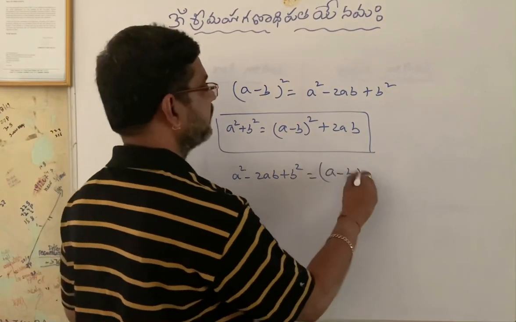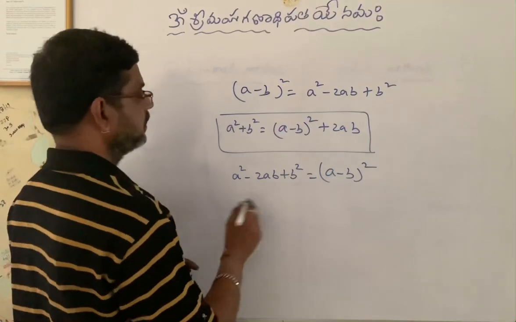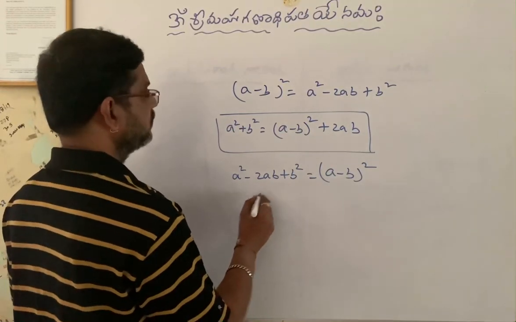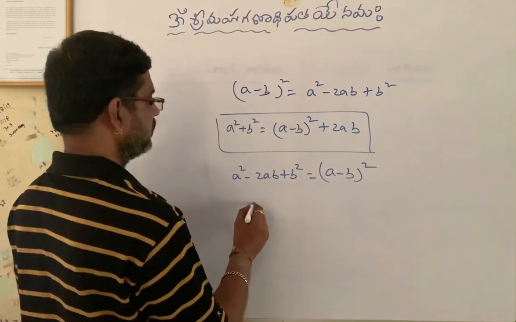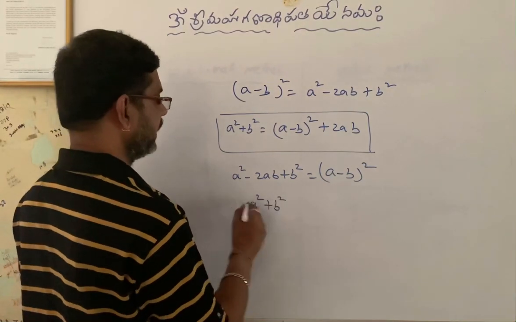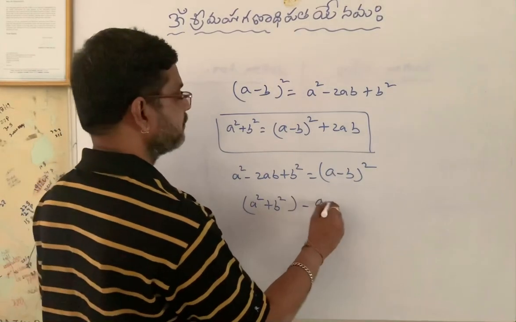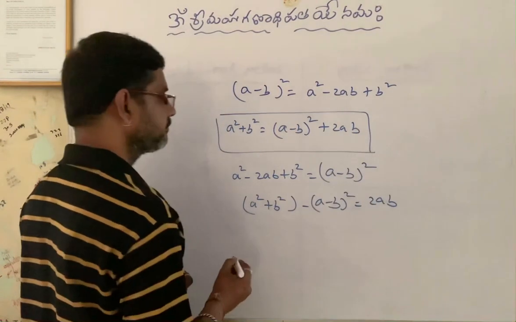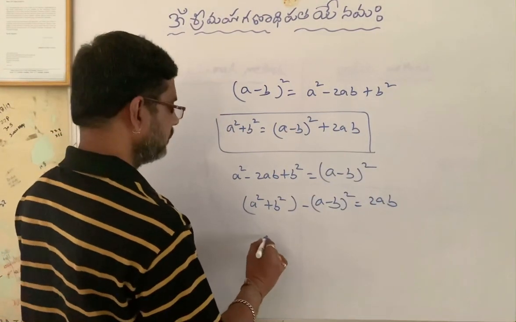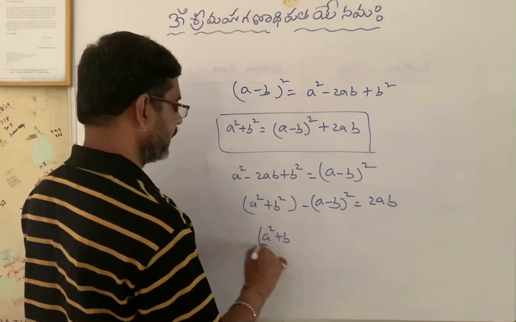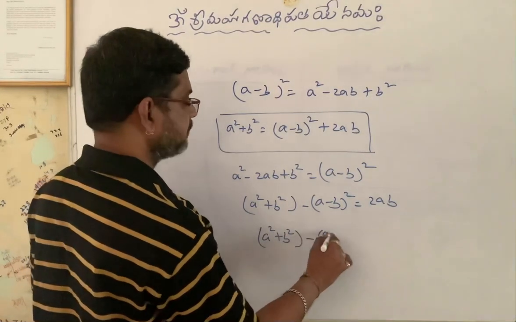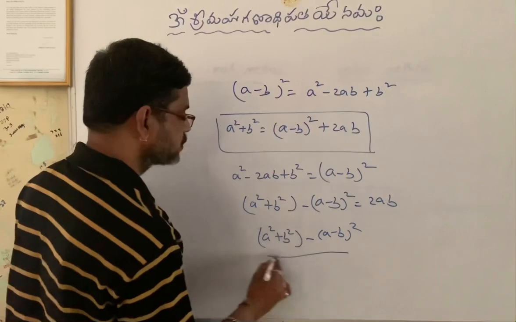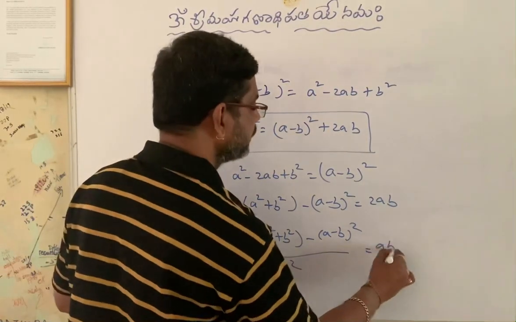In the same way, I am writing the given formula like this. Then a square plus b square minus (a minus b) whole square is equal to 2ab. Then (a square plus b square minus (a minus b) whole square) by 2 is equal to ab.